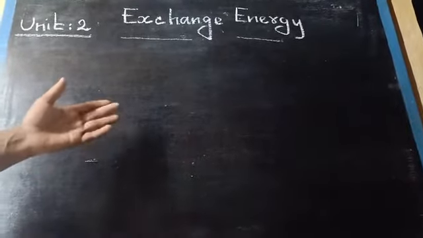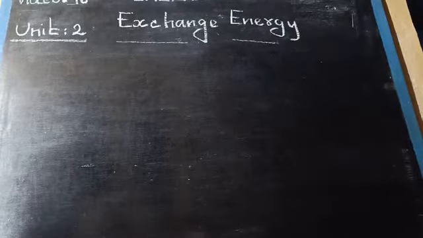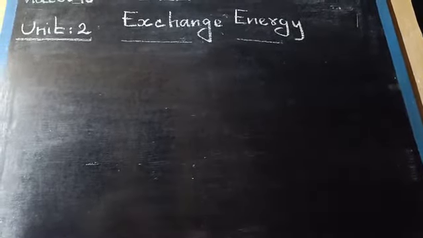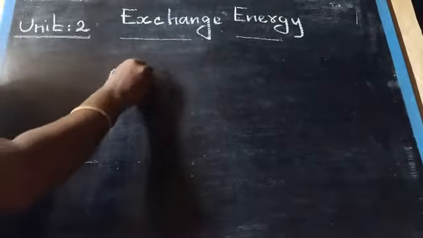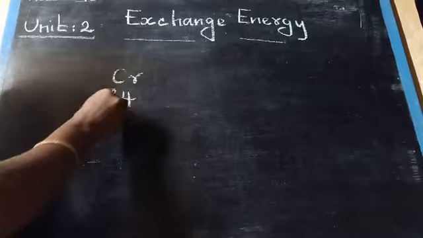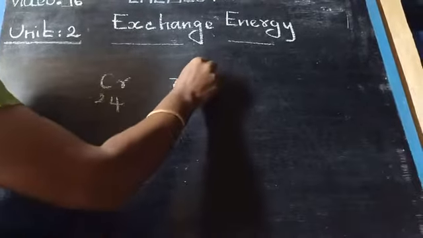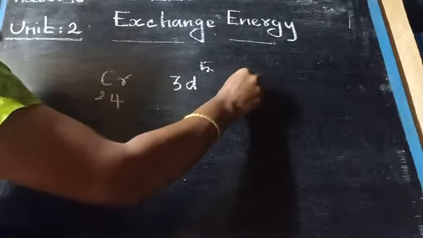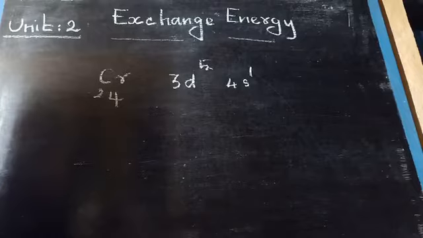In the previous session I explained chromium as well as copper. In chromium, atomic number 24, the outer electronic configuration is argon 3d5 4s1, and now the atom is very stable.